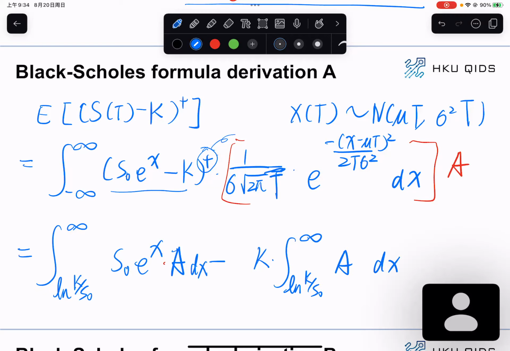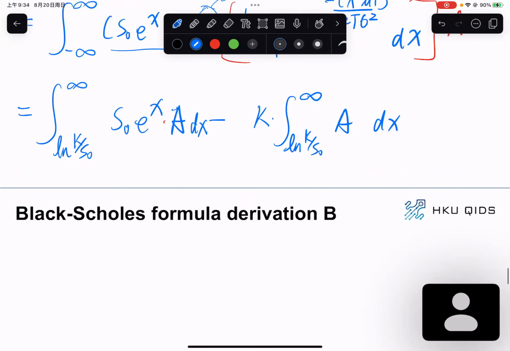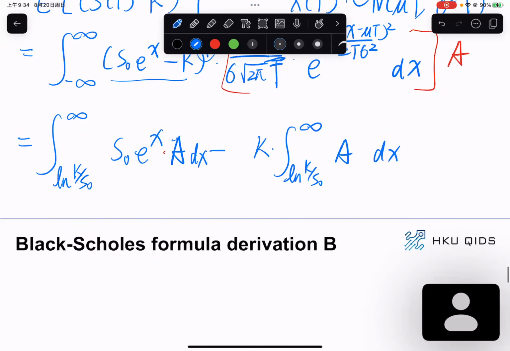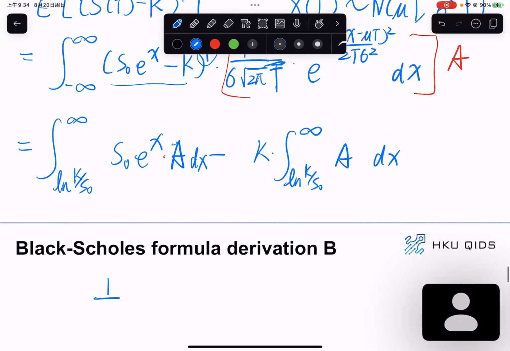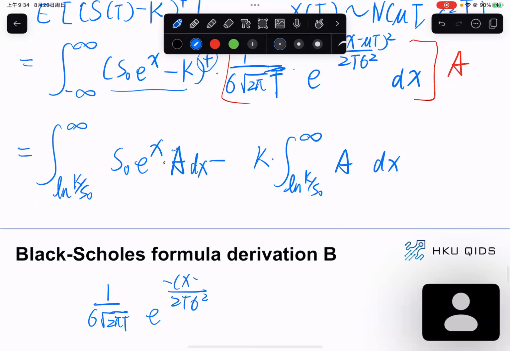And can we further reduce that? It is possible, because for the second part, this A here is 1 over sigma square root of 2 pi t, e to the power of negative (x minus mu t) square over 2 sigma square t, right?